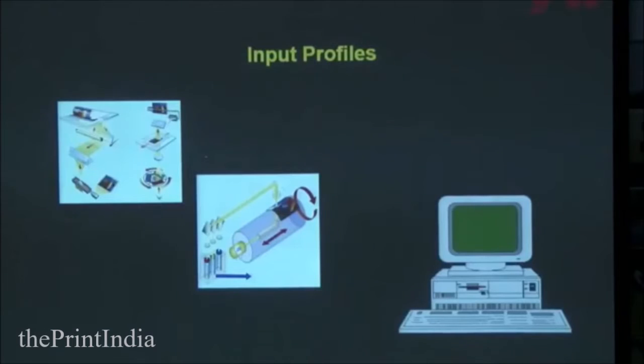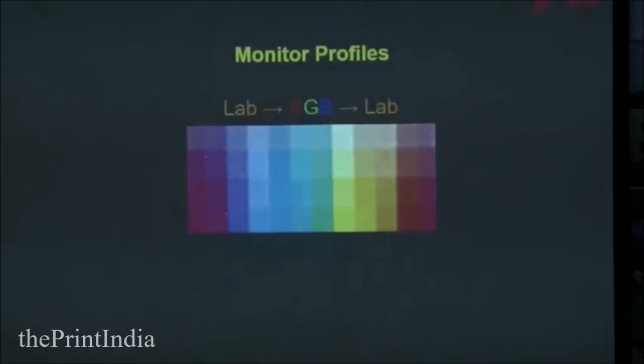The software will produce the ICC profile, and the scanner profile can be loaded onto the computer as an RGB profile, scanner or digital camera. Your monitor profile can also be loaded as an RGB profile, which you measure, and the CMYK profile can also be loaded on the computer. So we'll come to that, so don't get confused.